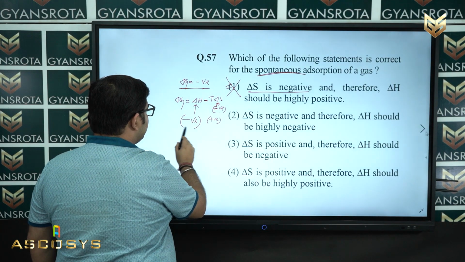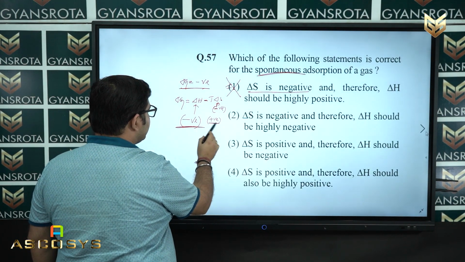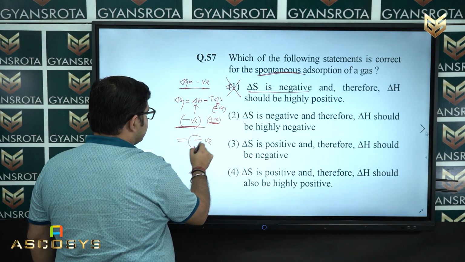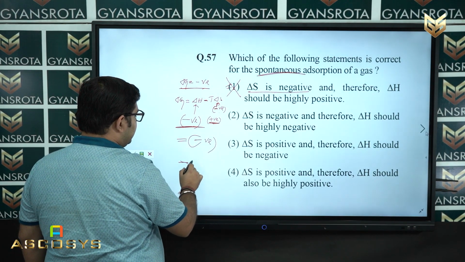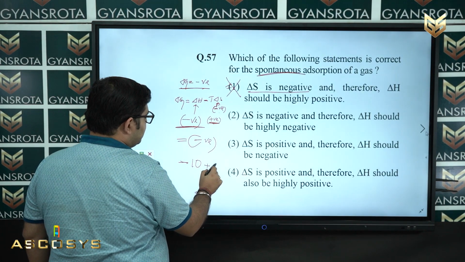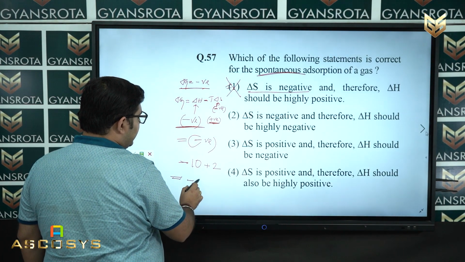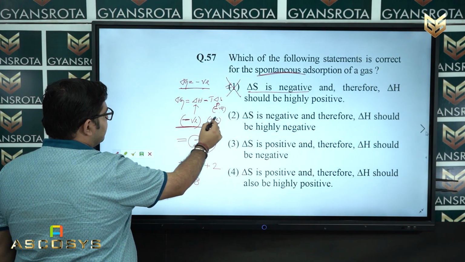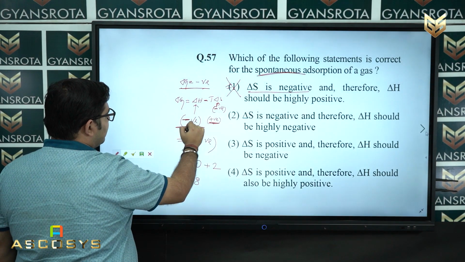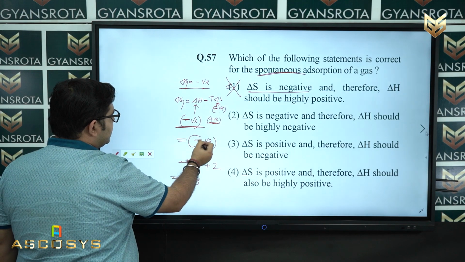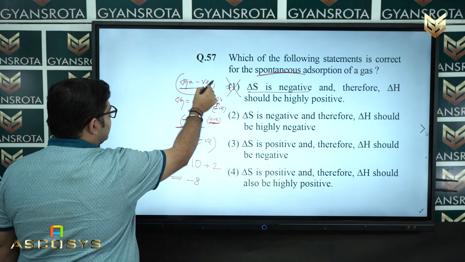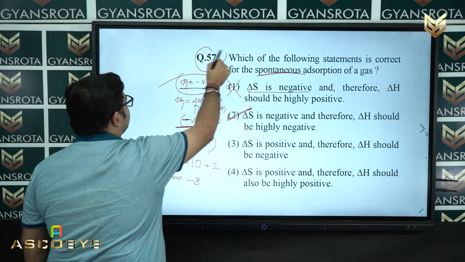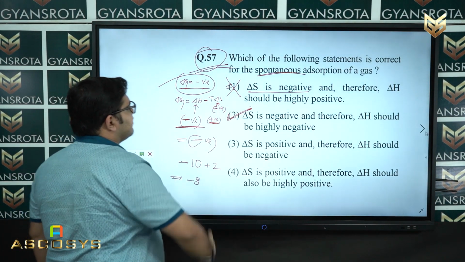If its value is more negative and the other term is positive, your answer will end up negative only. Suppose this is a value of 10 and this is a value of 2, you end up with minus 8. Similarly, if it is highly negative and this term comes as positive, negative and positive will give you a negative, and we require delta G to be negative. So option number 2 is the correct answer of your question number 57.